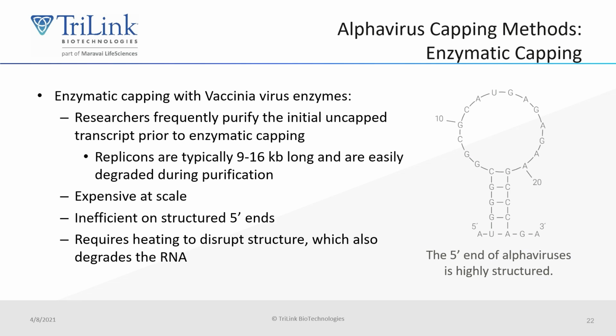And you can add heat to disrupt that structure, but that heat is very damaging, and so it's not typically a desirable option for promoting enzymatic capping of these types of RNAs. And as these RNA sequences are typically very long, they are very sensitive and prone to degradation during processing, which further complicates the efficient production of them.